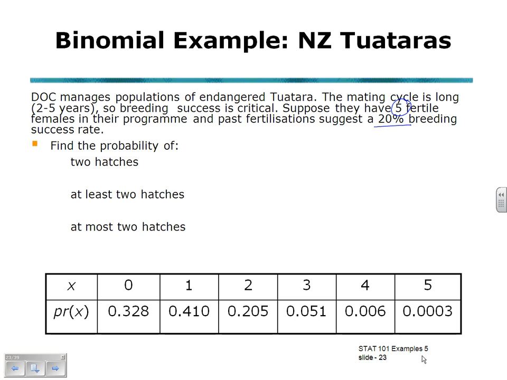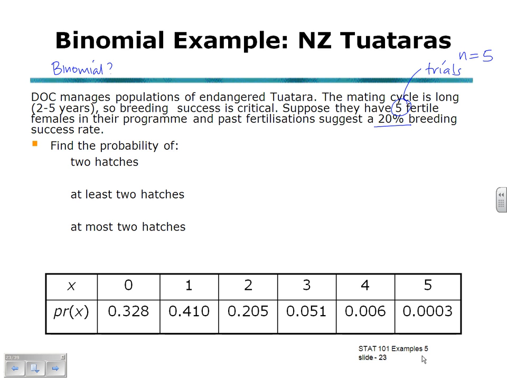First thing necessary, have we got a binomial situation? Fixed number of trials. We have 5 fertile females, so our fixed number of trials, if we like, n is 5.